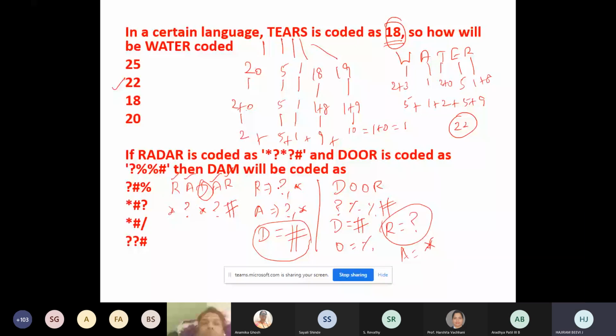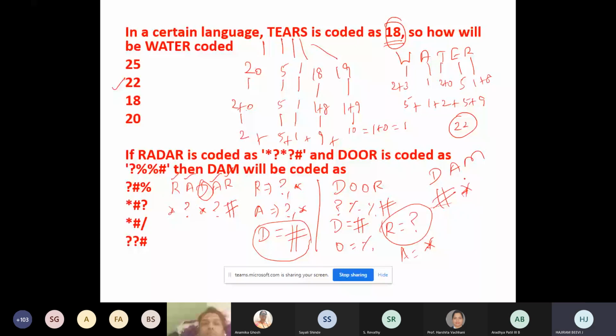Here they are asking dam. So the D value we know, that is hash, and the A value is star. So check the combinations. In the first combination, there is no appearance of star, so it is not the answer. In the fourth also, we don't have hash and star, so it is not the option.